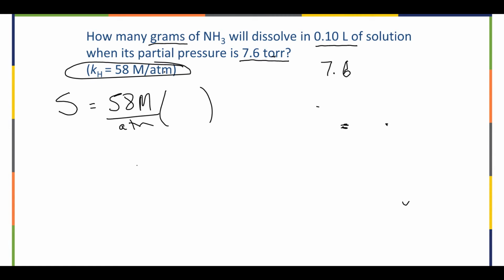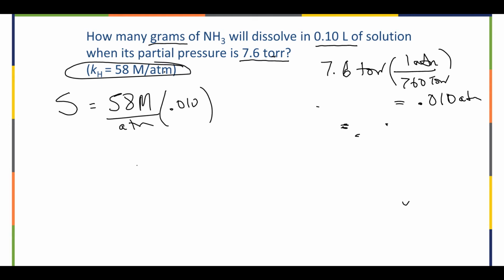Recall here that there are 760 torr in 1 atmosphere, giving us 0.010 atmospheres.